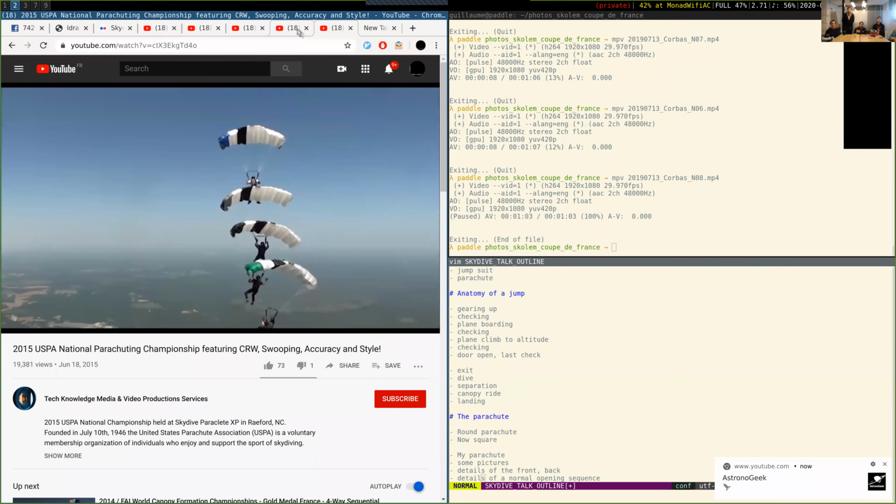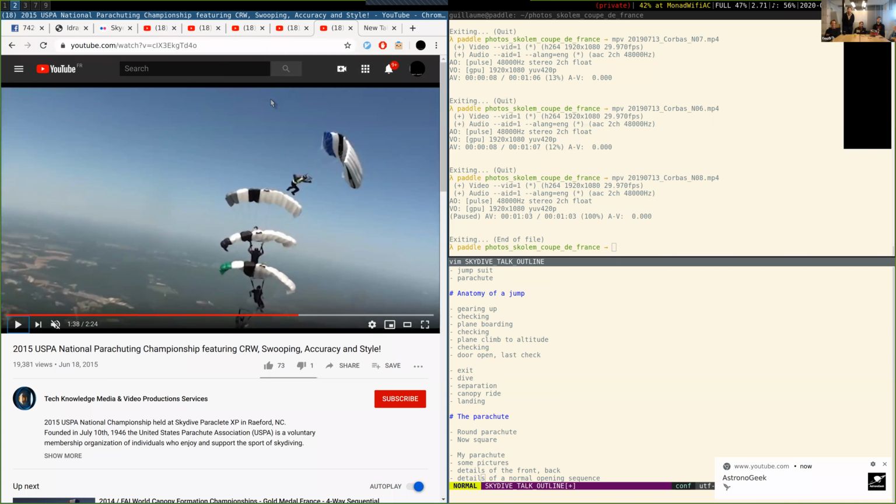So what are they doing? How do they descend, for example? They pull on some of the lines, which changes the shape of the canopy. They cannot do it just by moving their body.